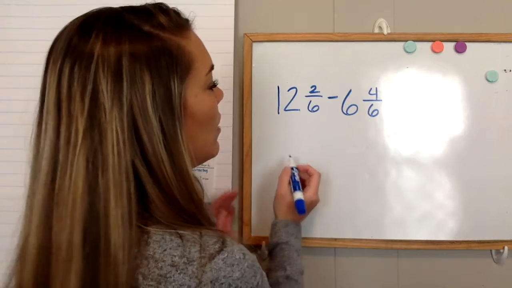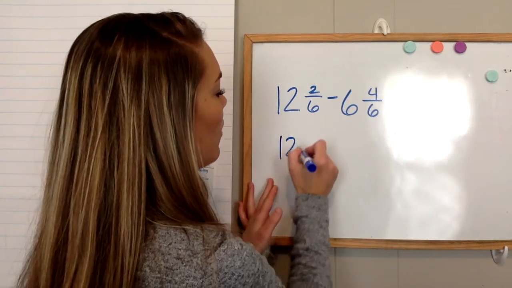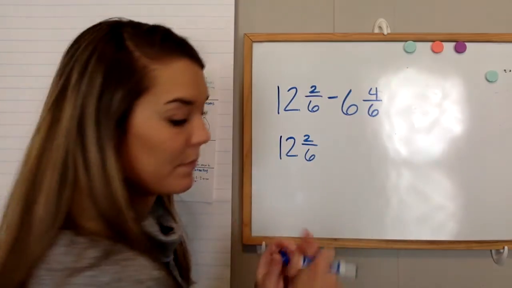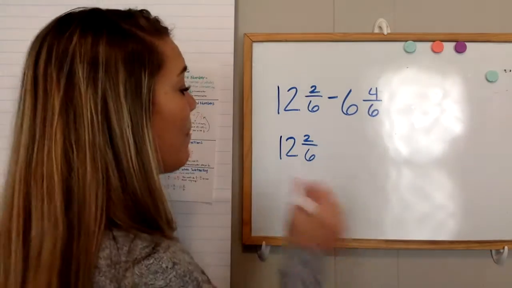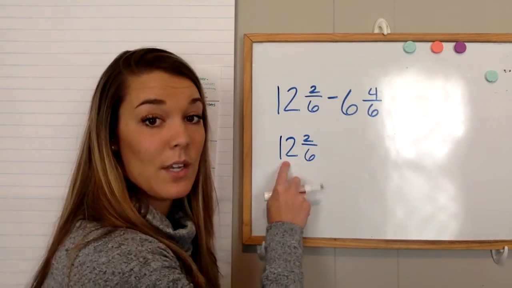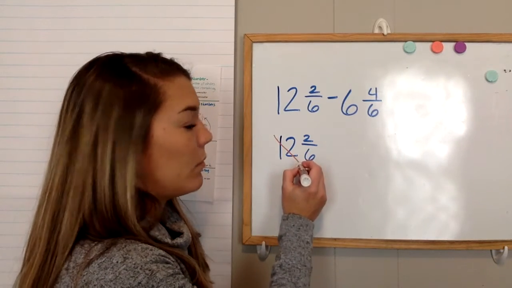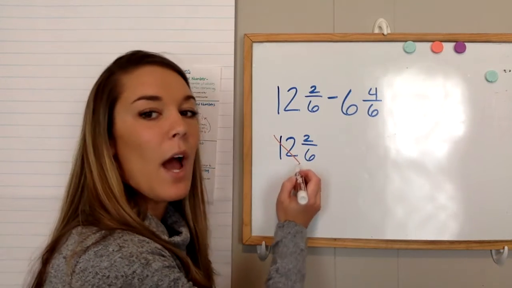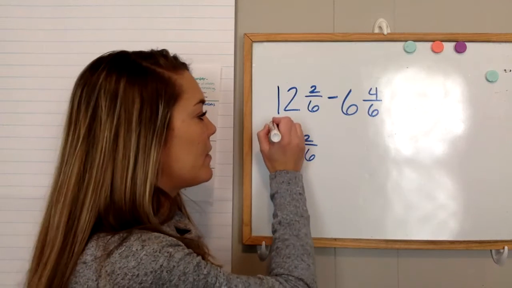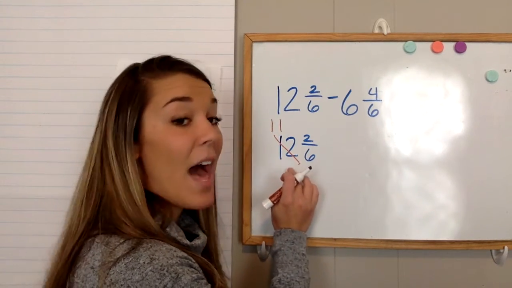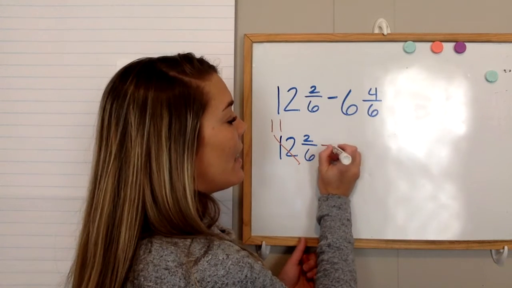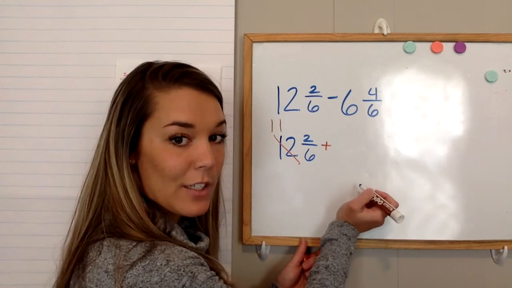So I'm going to rewrite my 12 and 2/6. Then this is how I regroup it. I need to borrow one of these wholes. So I cross out my whole, and I'm taking 1 away. So 12 becomes 11. Then I'm going to add that whole that I took away to my fraction.